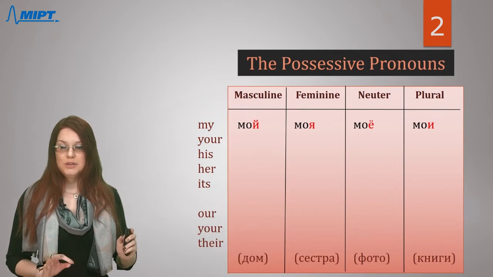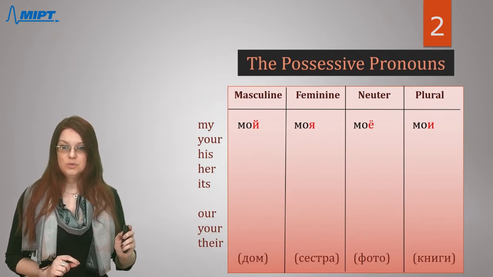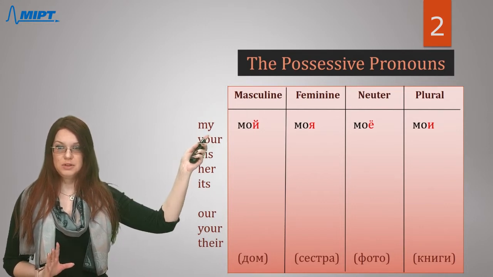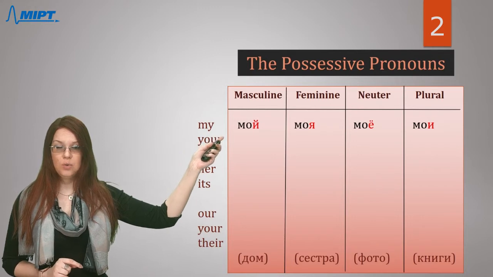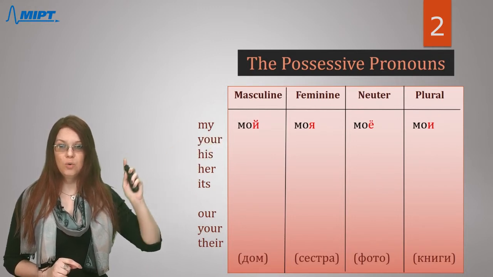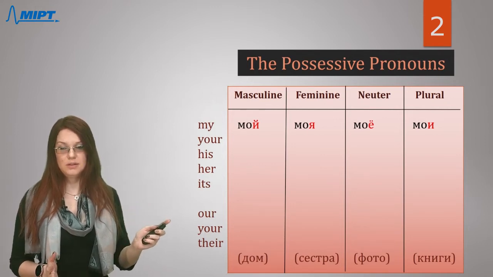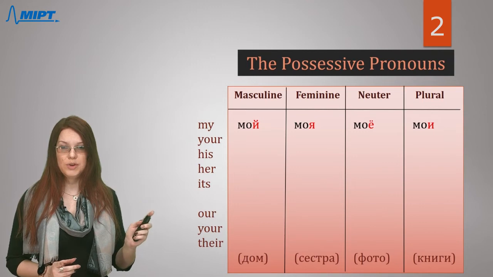I'd like to remind you one of the most important rules of Russian pronunciation. I mean, if we're talking about the letter O, if the letter O is accented, like in this word, мой, O should be pronounced like O, like the letter in the alphabet, мой.